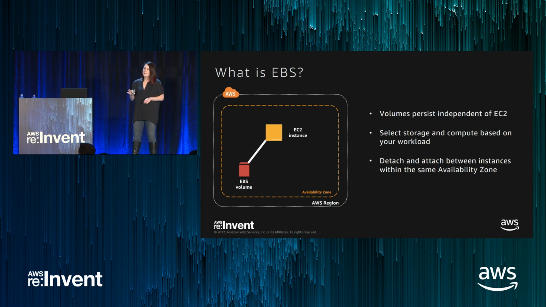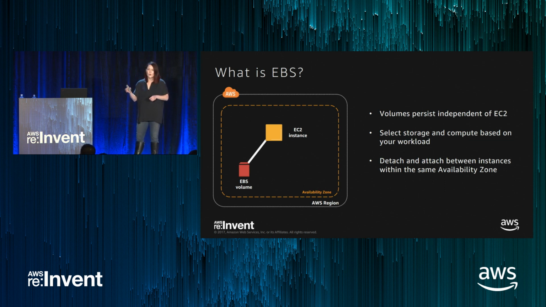So EBS exists in a single availability zone. Volumes are entirely independent of EC2. So this is persistent storage. You can blow up your EC2 instance, your EBS data will still be there. But most importantly, I think, EBS allows you to right-size the exact amount and type of storage that you want with the exact instance that's right for your workload.